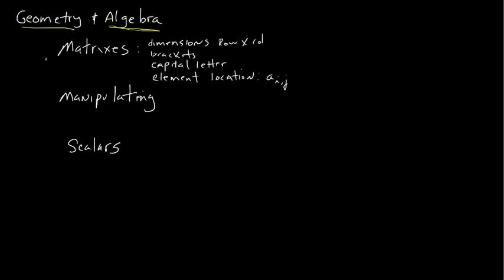So you just need to familiarize yourself with the nomenclature, with the concepts, with the ideas, and I'll show you briefly what I'm talking about. So first of all, matrices are nothing more than a set of numbers. By definition, they go inside of brackets.